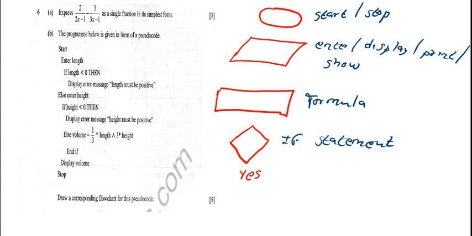A yes in a flowchart is equal to then, and a no is equal to else. So when I've been given a then, when writing it in a flowchart, we use yes. When I've been given an else, we use a no. So that's what we'll be using.